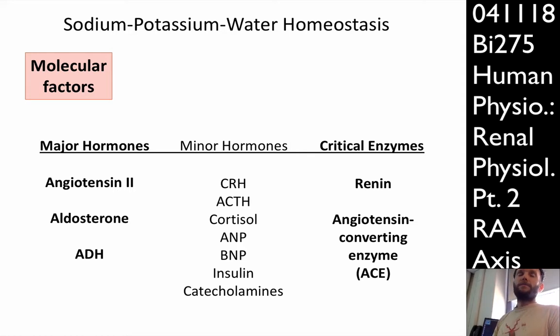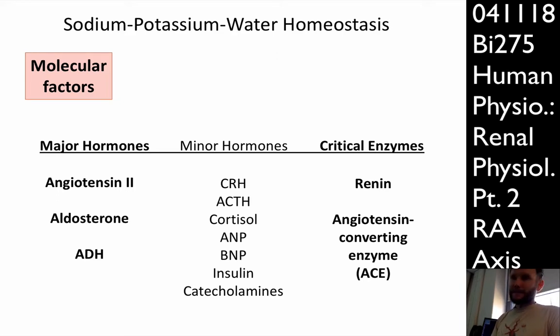When I was going through the functions of the kidney, I talked not just about the control of fluid volume in the body, I also talked about pH and electrolyte balance, didn't I? So there is this sodium, potassium, and water homeostatic cycle that happens here at the kidneys.